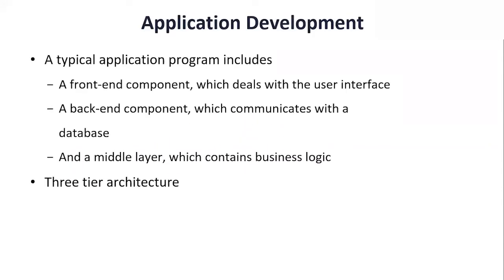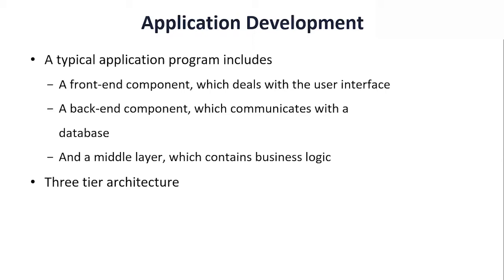And now let's look at some fundamental concepts that we have to be aware of when we are developing applications that use databases. These concepts are not directly related to databases, but when we are developing something, we have to be aware of them as well. Typically, an application program includes a front end that the user interacts with, which would be the user interface.